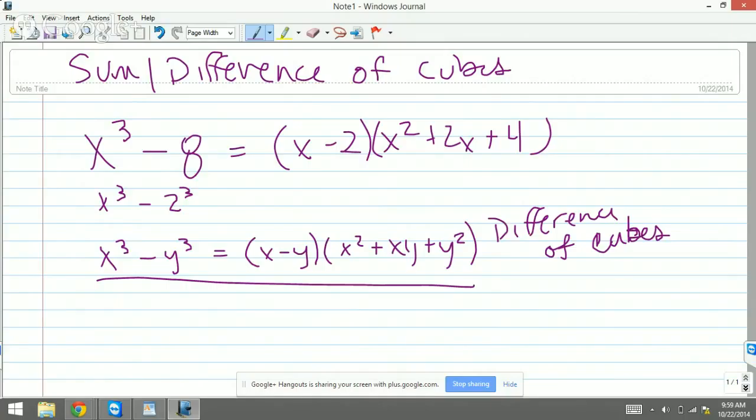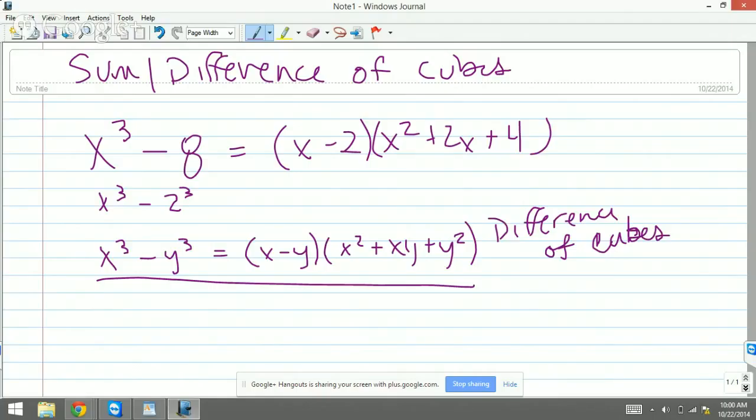I think people are pretty much. Yeah. Okay. So that is just a formula. If you have 2 cubics that are subtracted, you might have to break it down, but that's the formula you use. It's another way to factor. I already showed you the difference of squares.